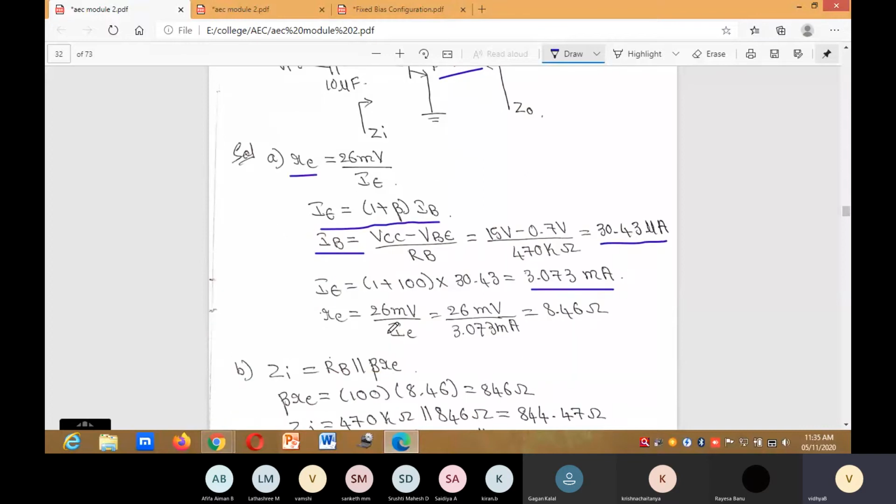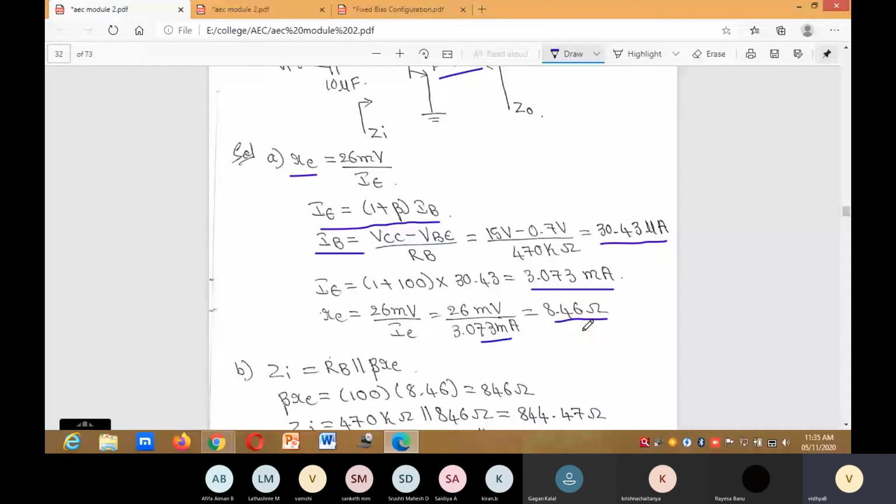Now we can find RE is equal to 26 millivolt divided by IE. IE value is 3.073 milliamps. Substitute, you'll get 8.46 ohm. We don't know the IE value, so by using fixed bias configuration formulas, we first find IE and later we find RE.